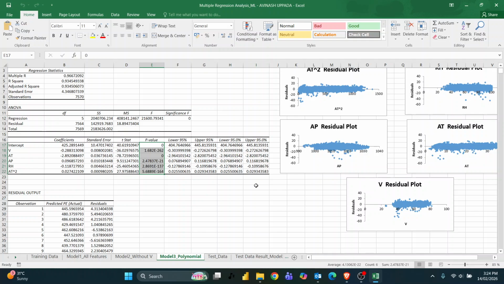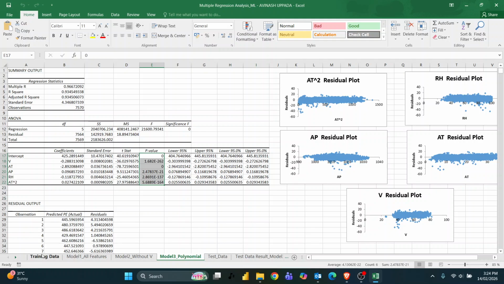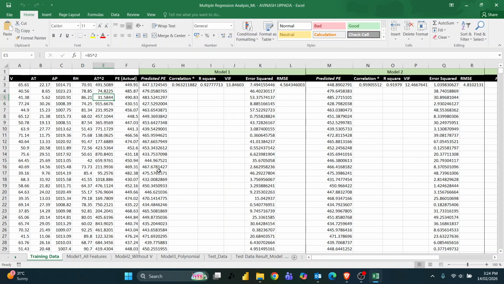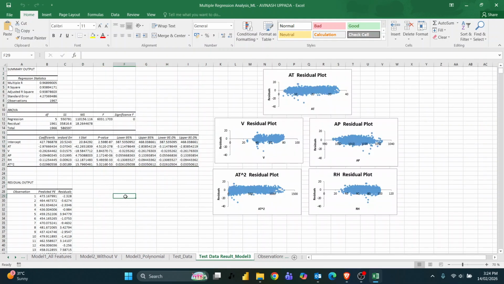Now, since the third model is the best of all the models that I've trained, I kept the 20 to 25% of the data for testing purposes. This is the test data that I've reserved. Now I tested model 3 on this test data. To my surprise, the results were even better.